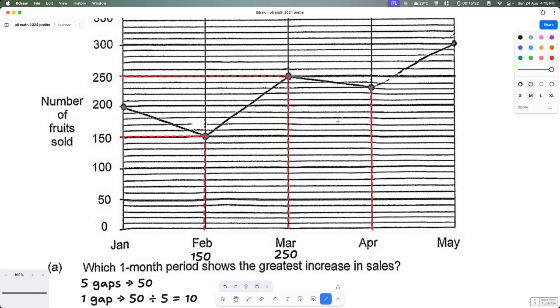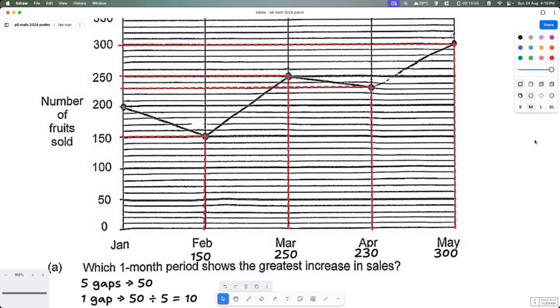April over here is around 230. And for May, this is around 300, if I'm not wrong. Yep, 300.